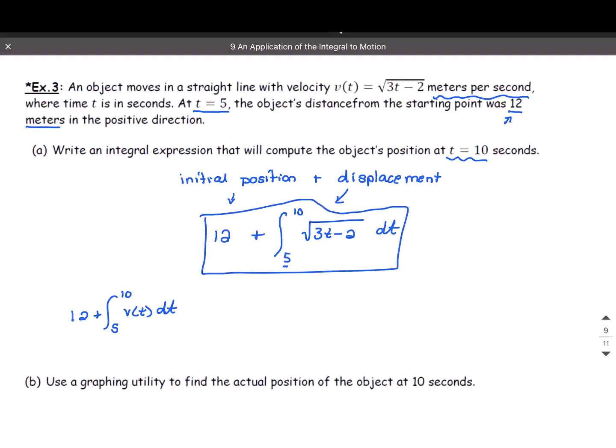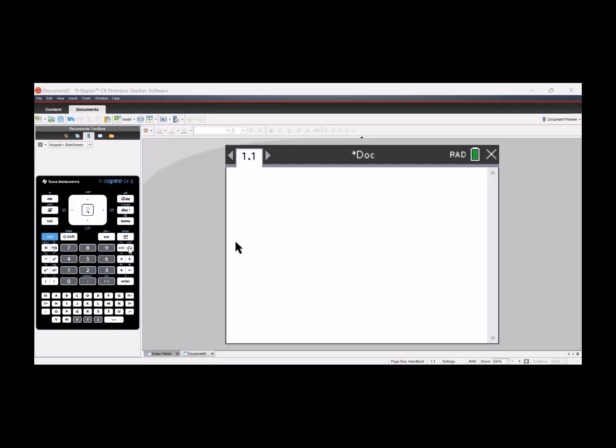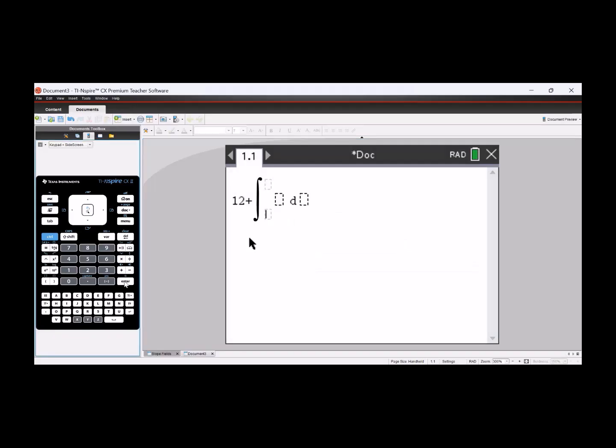Now, part B is to use our calculator to actually find the value. So we're going to go to our calculator and type all of this in. Here we're going to type 12 plus, go to your template key. We need our integral, the definite integral, choose that.